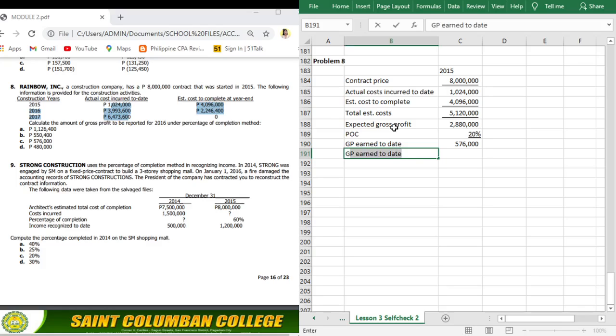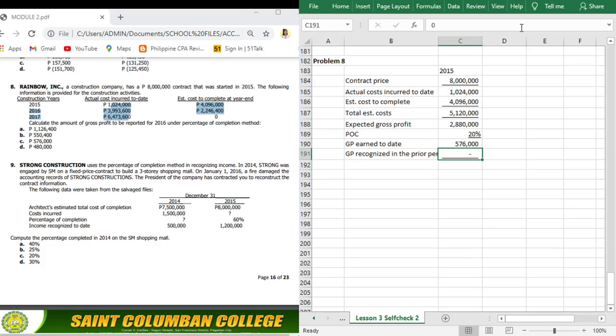Take note, we are going to deduct those gross profit that was recognized in the prior periods. But in this case, since first year pa man ta, so wala pa gross profit recognized in the prior period. So, we will deduct that one for us to get the gross profit to be recognized during the year.